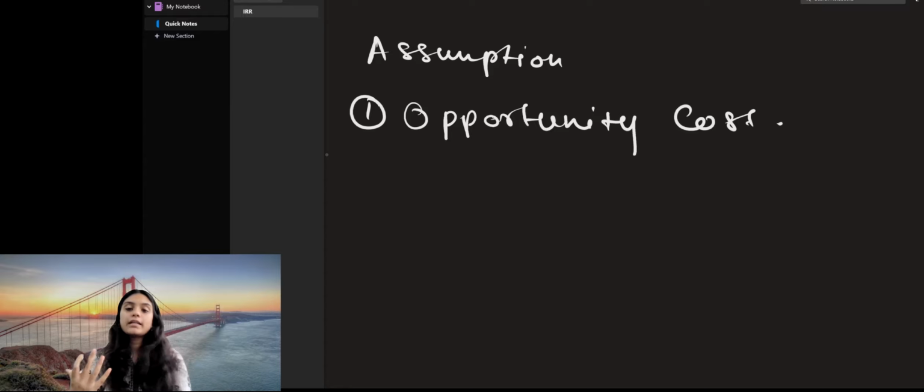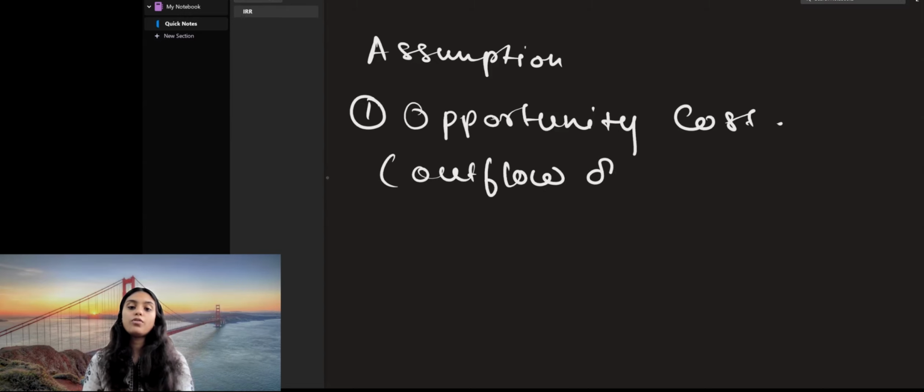For example, you are choosing investment A, but there is also an investment B. The opportunity that you've lost because you chose investment A is called opportunity cost. Now, we'll understand it in a better way through examples. So, this opportunity cost is calculated on the flow of cash flows.